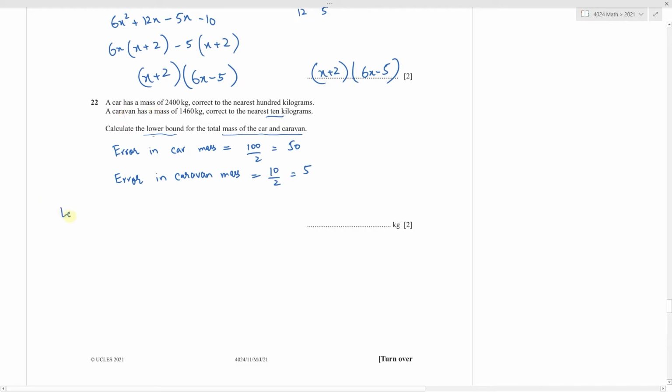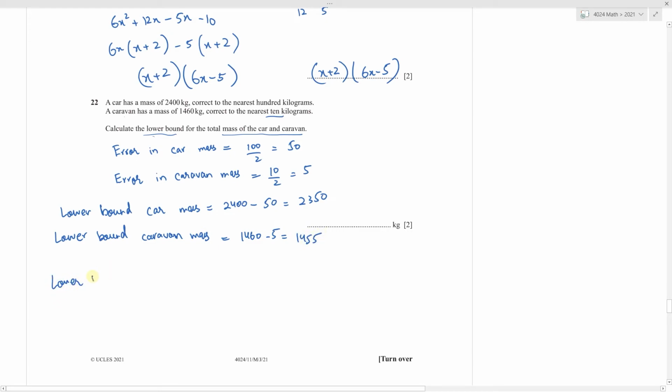So let's first find lower bound car mass. That will be the mass value 2400 minus the error. So this is 2350. Then lower bound caravan mass, 1460 minus the error, which is 5. So 1455.